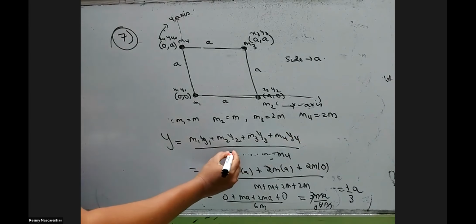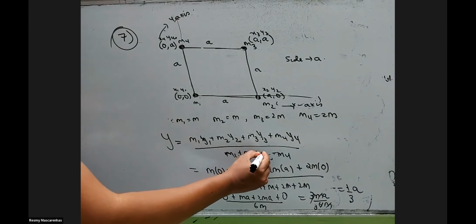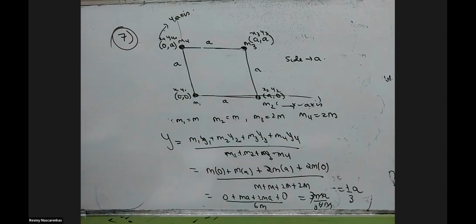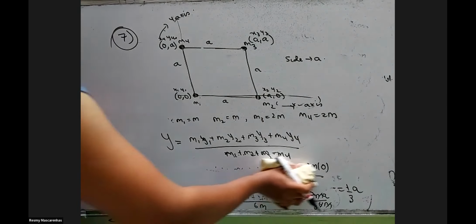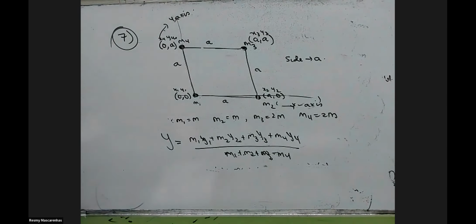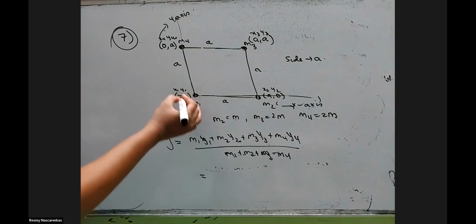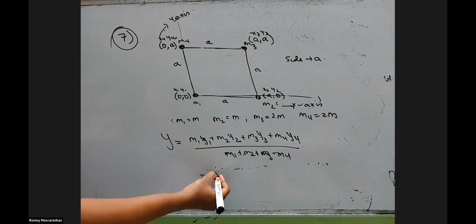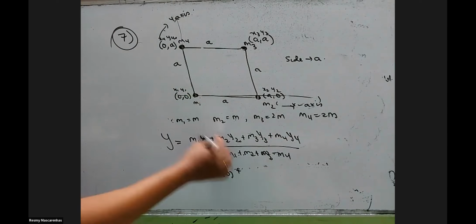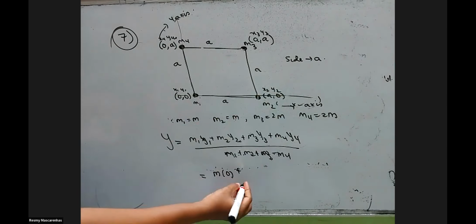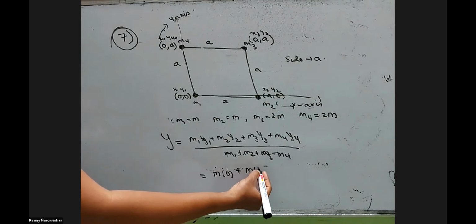And this is fine. M1, this is same. Now substitute your y coordinates. M1 means m into 0, y coordinate. M2 into again 0.